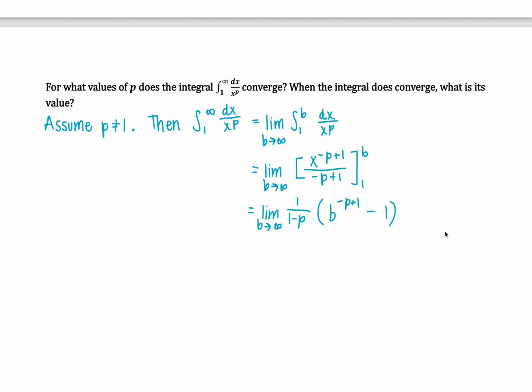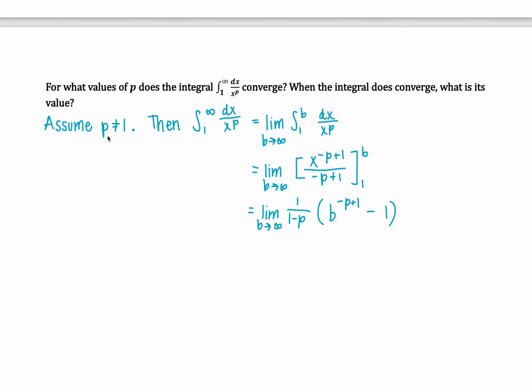So we're looking at the limit of this whole big thing here, and we just really need to focus on the b, because it's b that's going to infinity. Well, what this ultimately is going to come down to is looking at the exponent here and whether it's a positive or negative value.